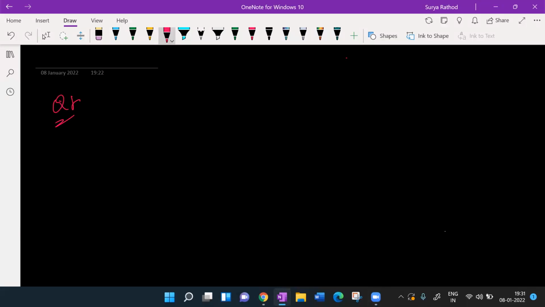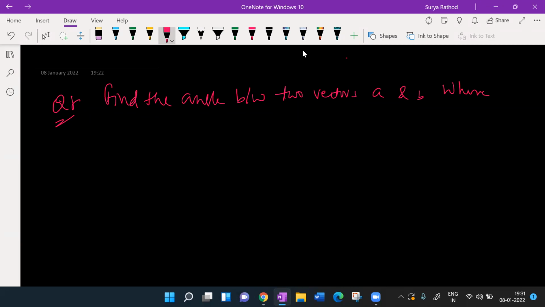I'll give a simple question here. Find the angle between two vectors A and B, where vector A is given as minus 4i cap plus 3j cap, and vector B is given as 2i cap.